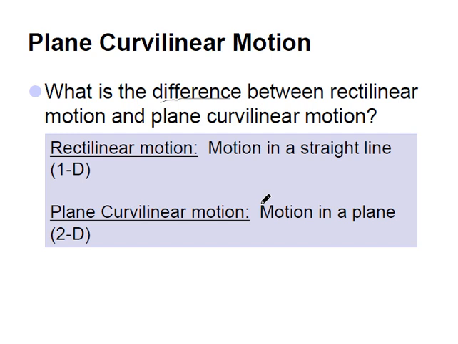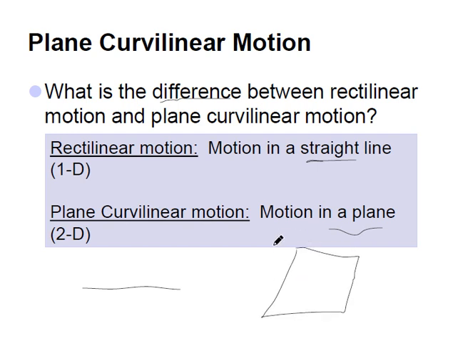So, rectilinear motion, here is the difference: straight line, plane. Curvilinear motion is motion in a plane. A straight line looks like that. A plane looks like this.